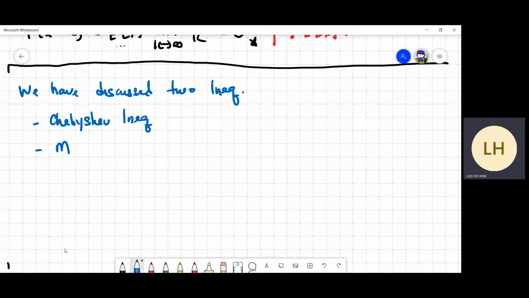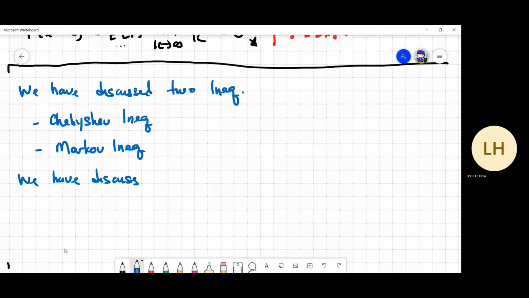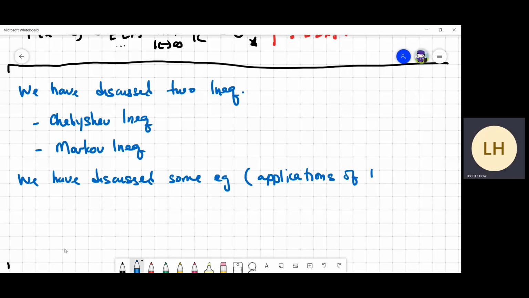The second one is the Markov inequality. And we also discussed some examples, let's say the applications of these inequalities.